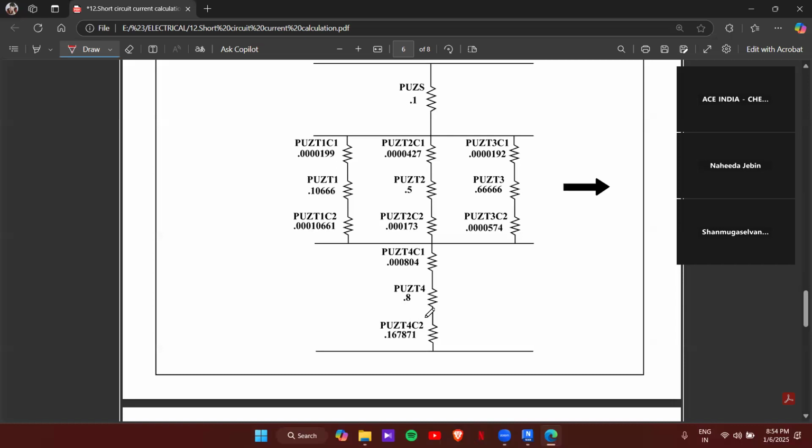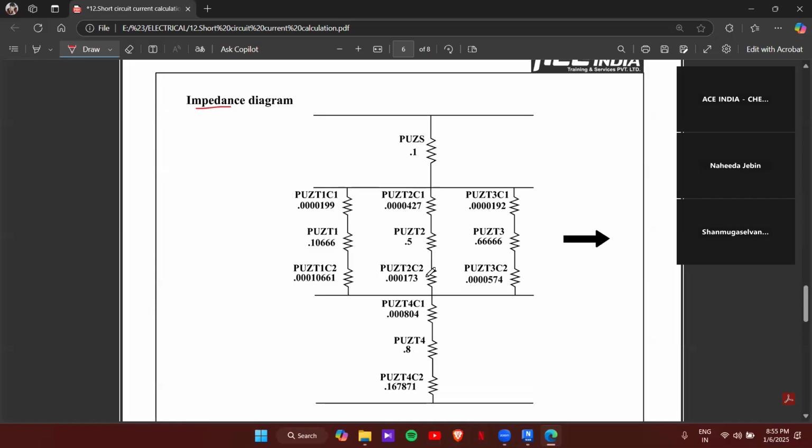Once we have added that, simply sum all of these. Again, we have to sum in series and in parallel. You can add these three: cable 1, transformer 1, and cable 2. These are in series connection, so you can add them directly.